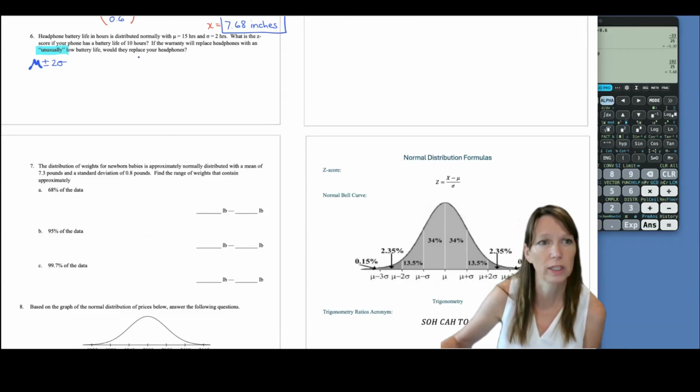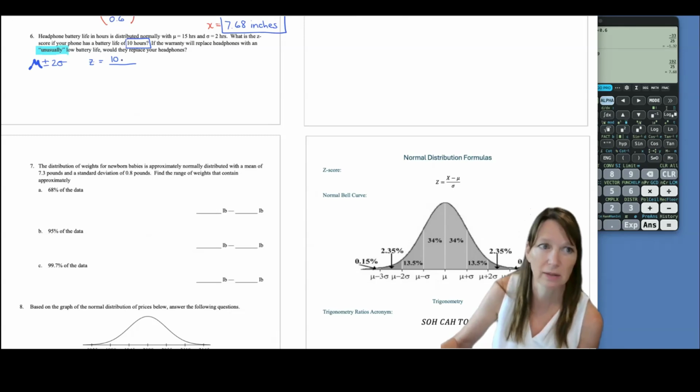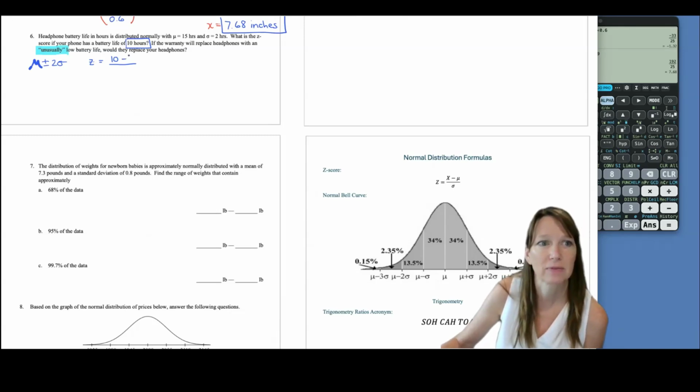Okay, so what we want to do is find the z-score. This time we don't know z, and we're going to fill in, remember, it's the x, the data point, which in this case is my headphones lasting for 10 hours, minus 15. Notice that's going to give me a negative number, and divide it by 2.